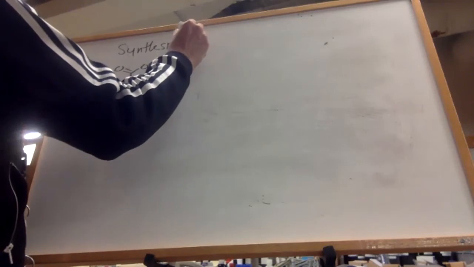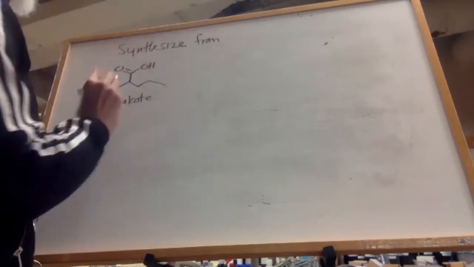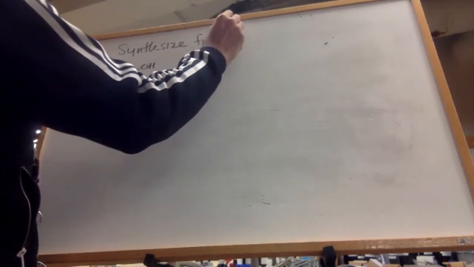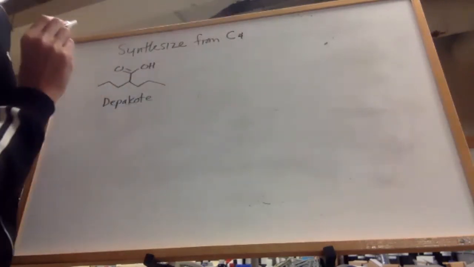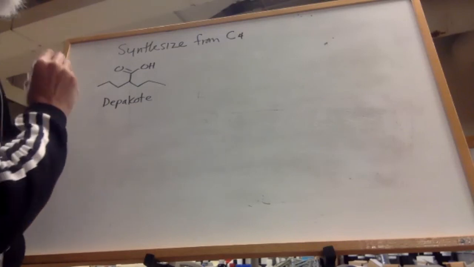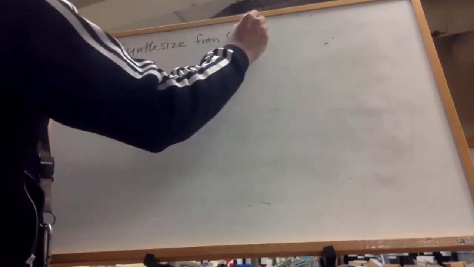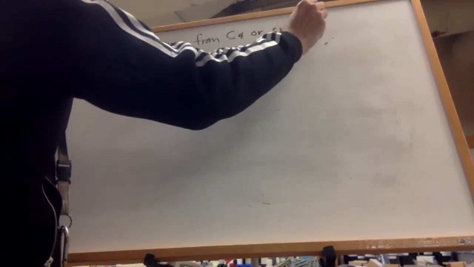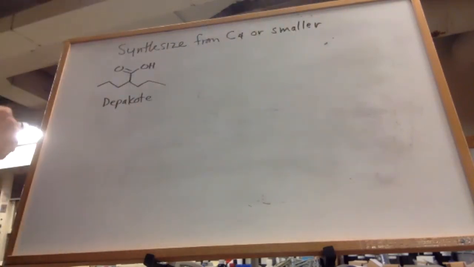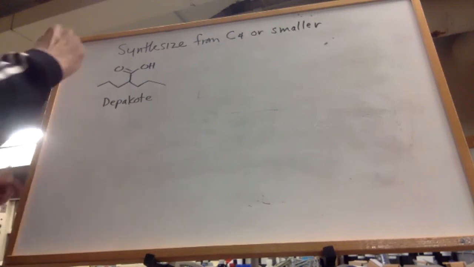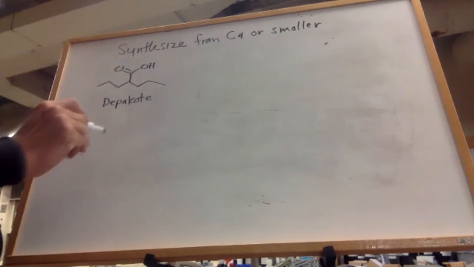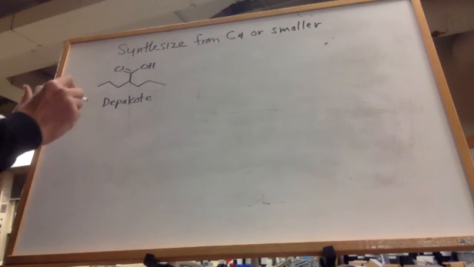And again, let's have this real world restriction. Synthesize him from C4 or smaller. All right. So it's a carboxylic acid. We know a couple of different methods for making a carboxylic acid.